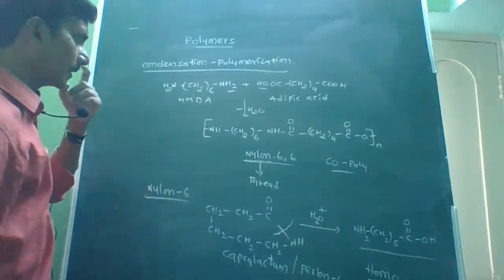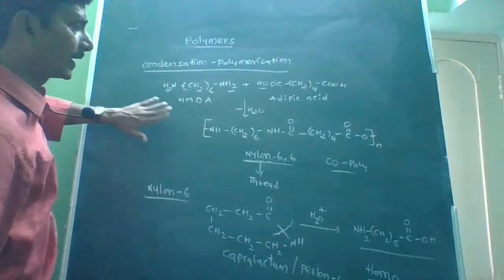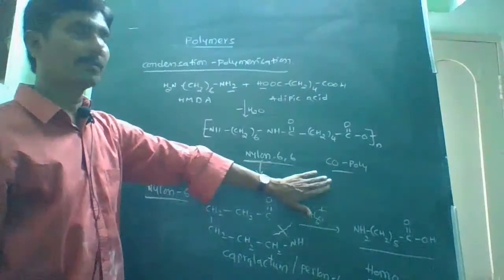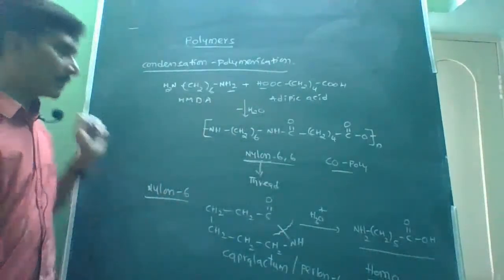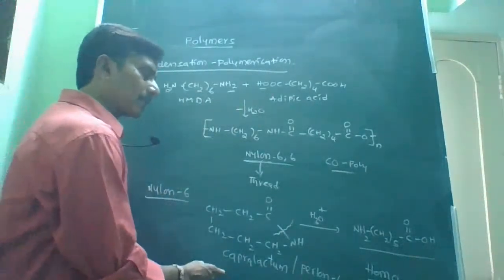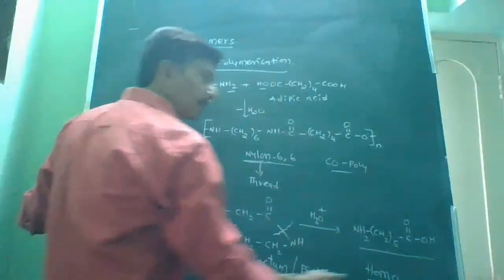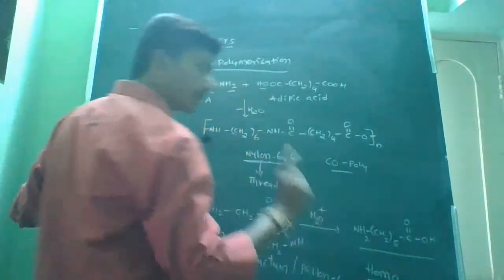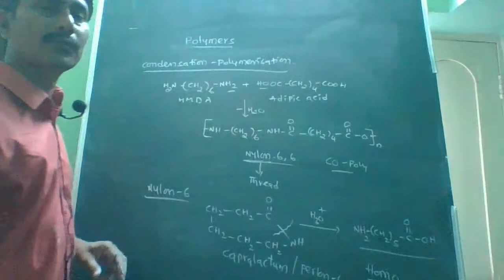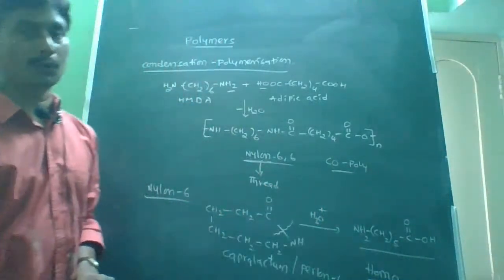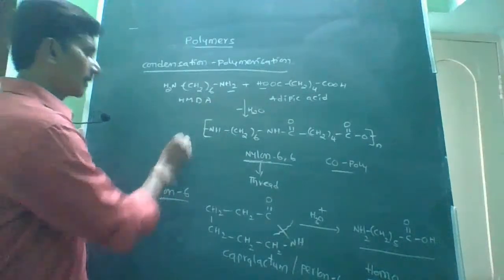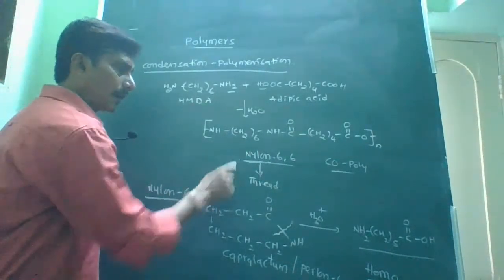They may be asked from the exam point of view. Nylon 6,6 is a copolymer because it contains two different monomer units. But nylon 6, caprolactam, will be a homopolymer which contains only one monomer, having two different functional groups, carboxylic acid and amine.